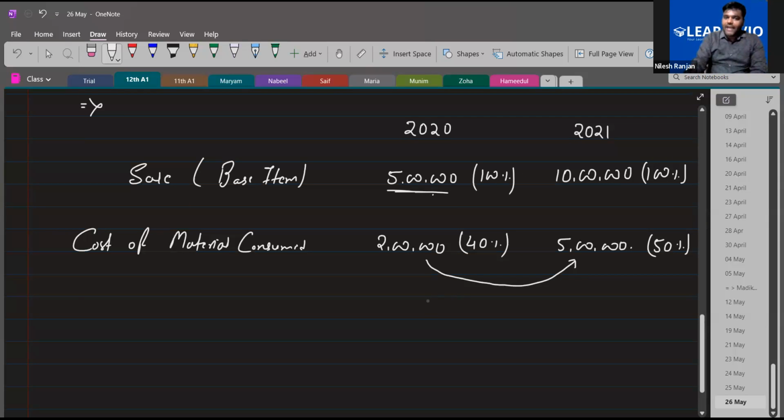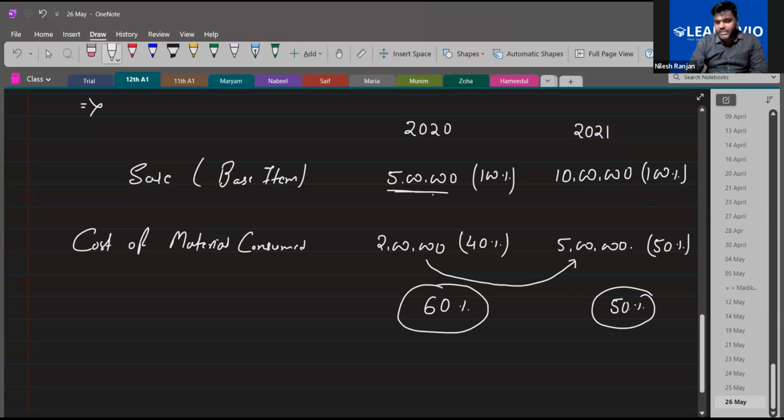So here we have 60% saving as profit, you can say, to pay all other expenses. But now in 2021, we are left with only 50% to pay all other expenses. So there is an increase of 25% in cost of material consumed in comparison to 1 year data. So for this purpose, it should be 40%, it should be 4 lakh.